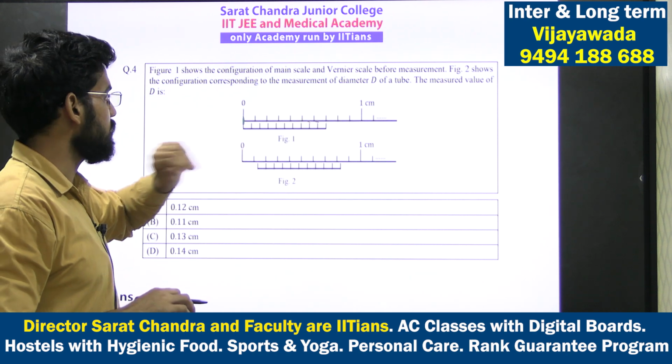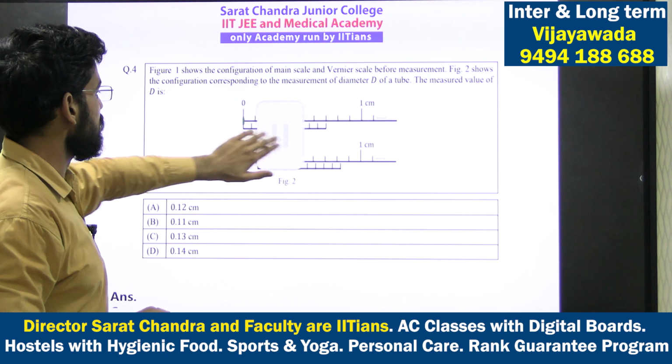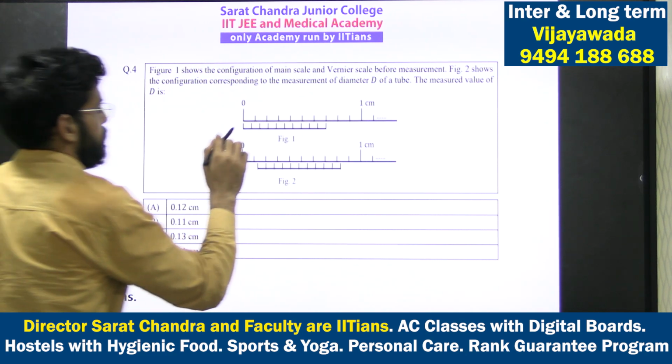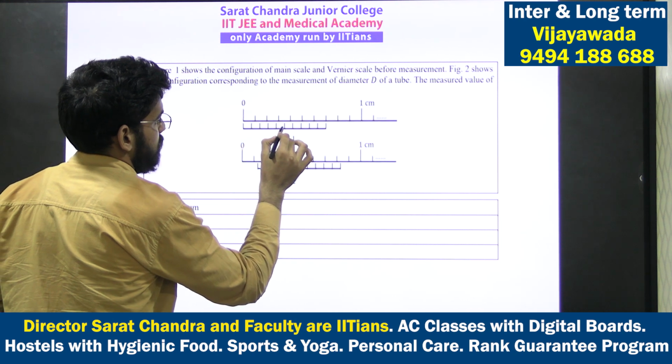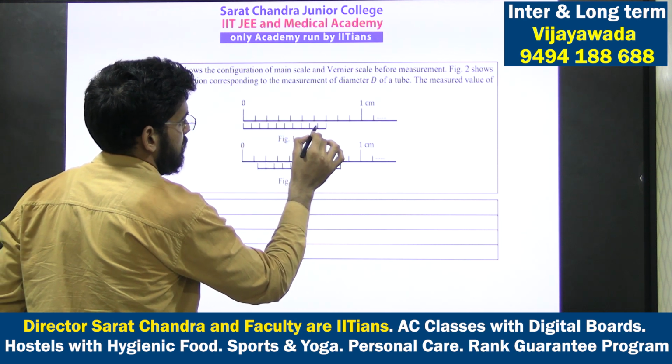Here you can count how many vernier scale divisions equal your main scale divisions. Vernier scale divisions: 1, 2, 3, 4, 5, 6, 7, 8, 9, 10.